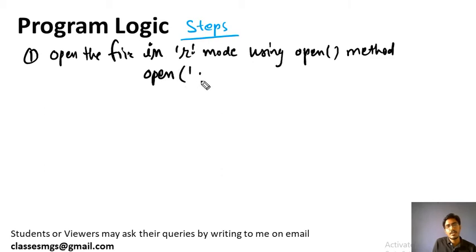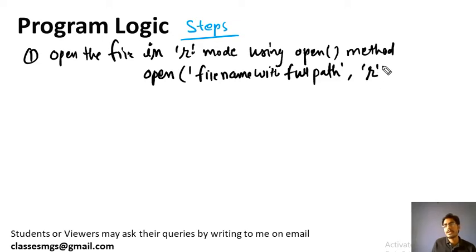Open, then you pass the file name with the full path. I have shown how to get the full location. Then you pass the mode, in this case the read mode. I have told you there are 3 modes: read mode, write mode and append mode. These are important for you.